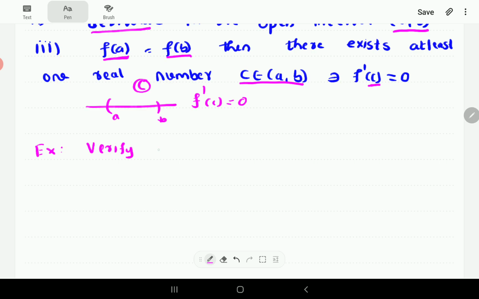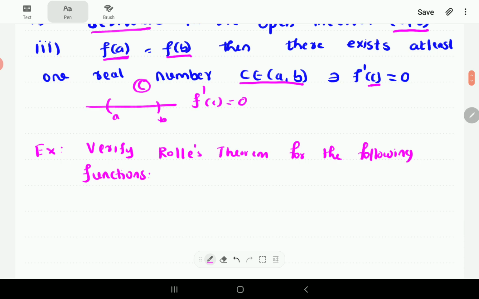Verify Rolle's theorem for the following functions. Let's see what our first function is, and we'll be taking up the examples.